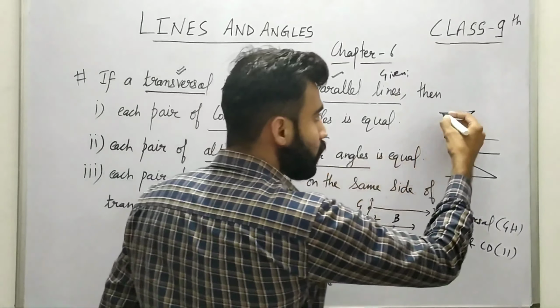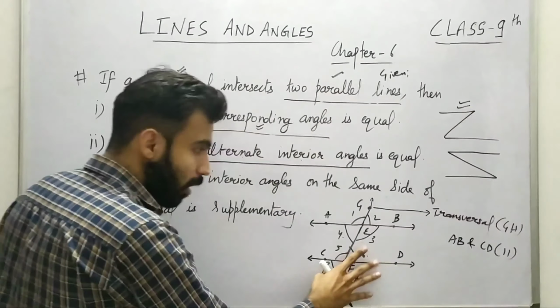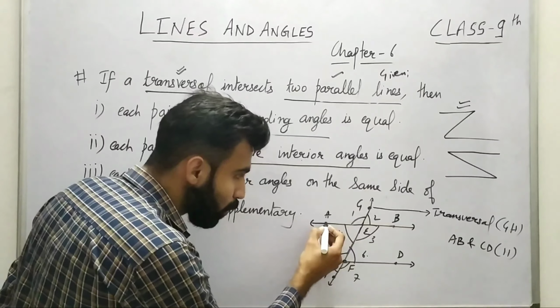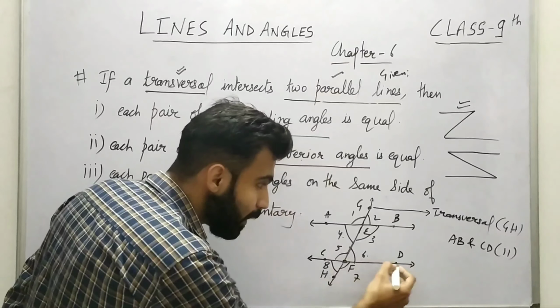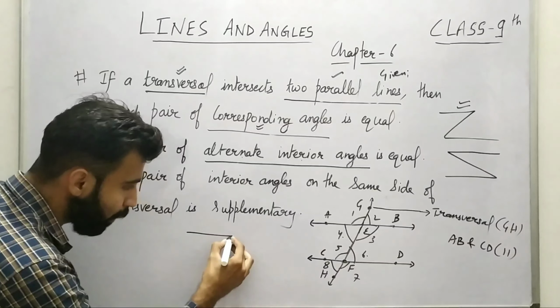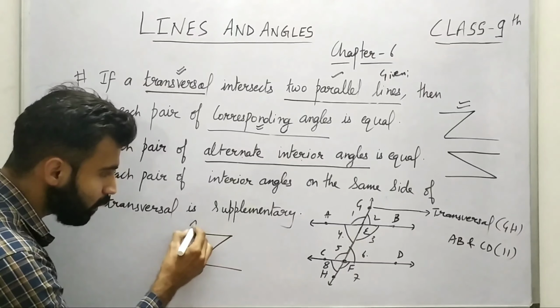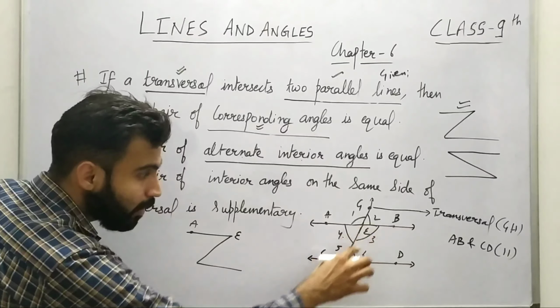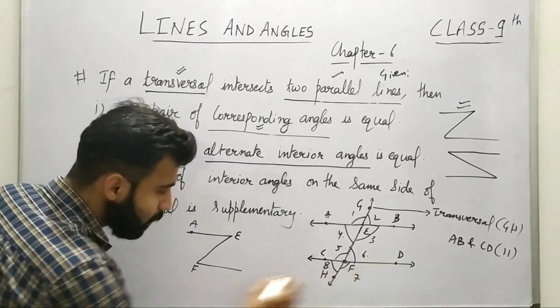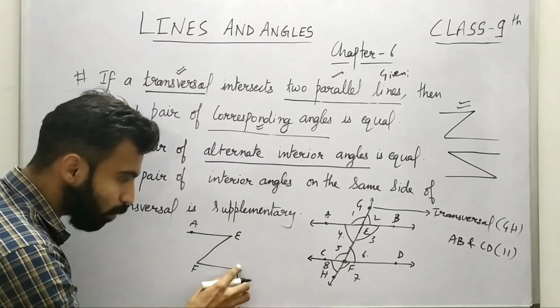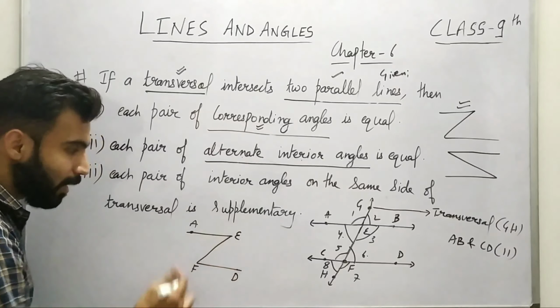If you watch this structure, how it is formed here, if you just notice A, E, F, D. Let me draw it roughly here. So like this. So this is A, this is E, this is F, and this is D. So you will notice the Z structure, right? So this is a right Z, right?